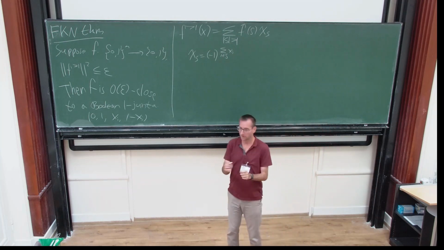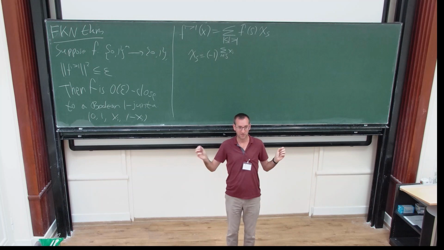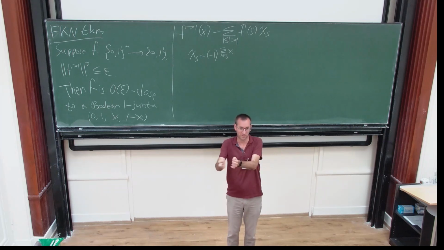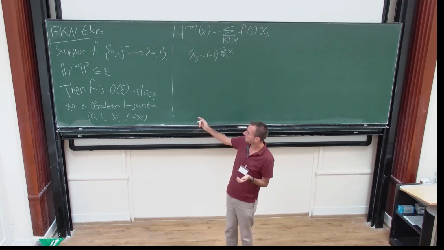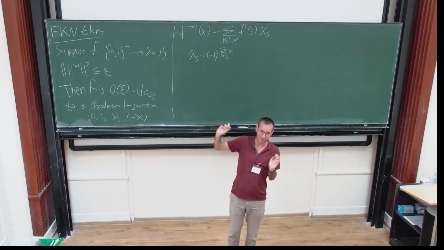And then we said, if all of these Fourier coefficients are small, then the distribution is kind of Gaussian, and the only way in which a Gaussian can always be close to plus minus 1 is if it's essentially concentrated, with small variance, around one of these values. And this is really the statement of the FKN theorem. Now I should replace plus minus 1 by 0.